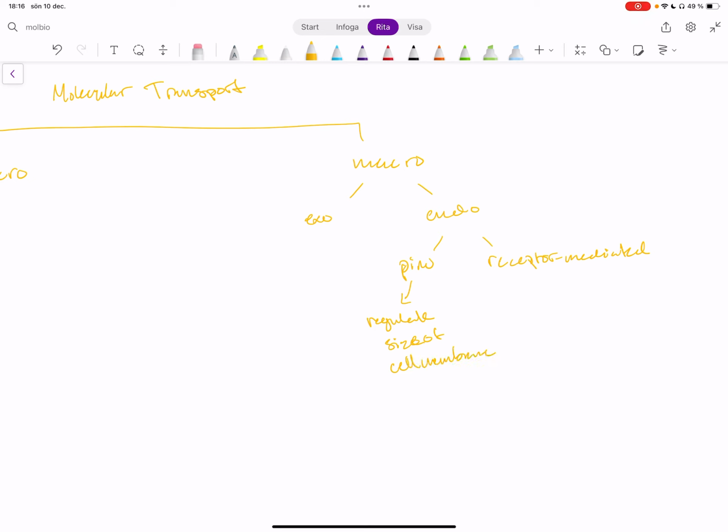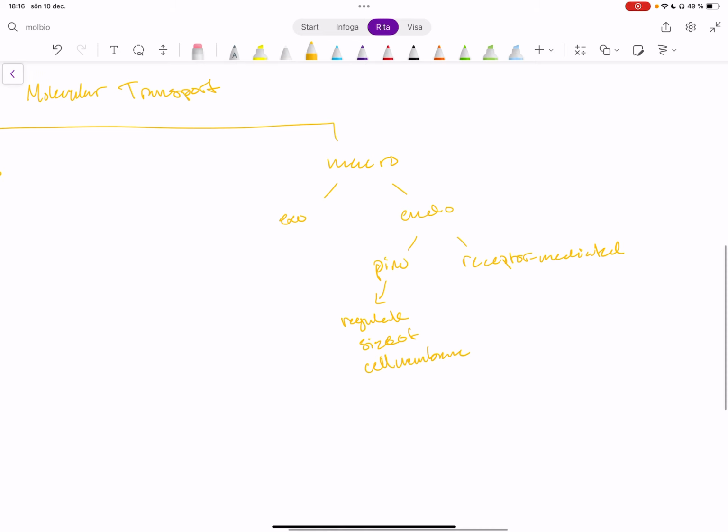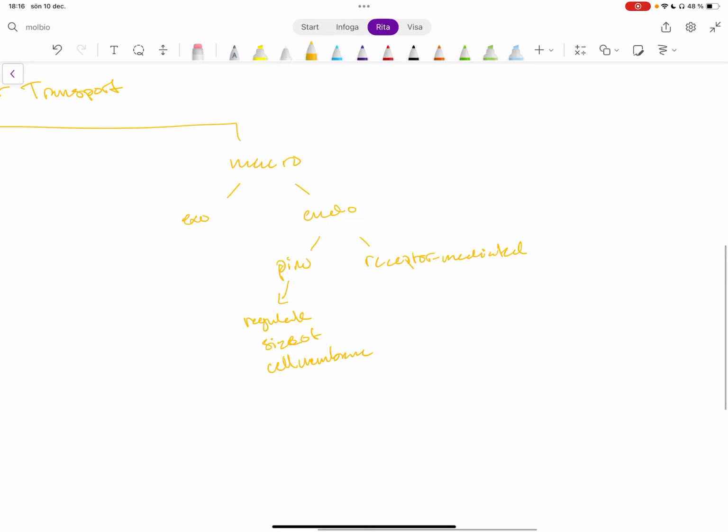So that's the main function. That's why it takes up soluble materials from the environment, etc. And then you have the receptor-mediated endocytosis, and all you have to know really is that there is phagocytosis and that there is clathrin-coated endocytosis. Really not much else.